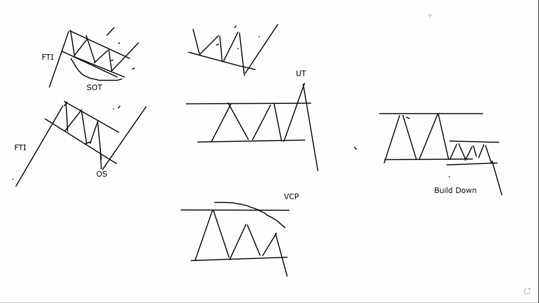Would be nice to have a compilation. Okay, all right. So let's discuss the reaccumulation pattern as well. First of all, reaccumulation pattern, we have this range. Reaccumulation after this one, sorry.